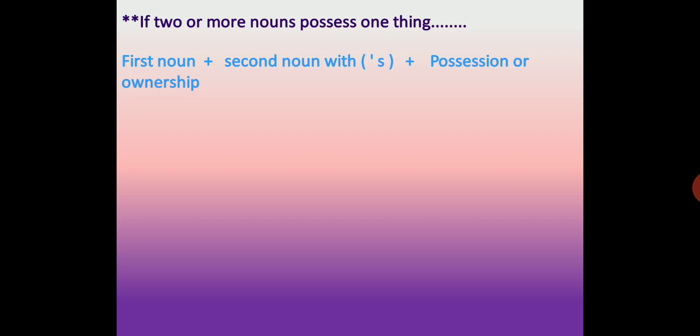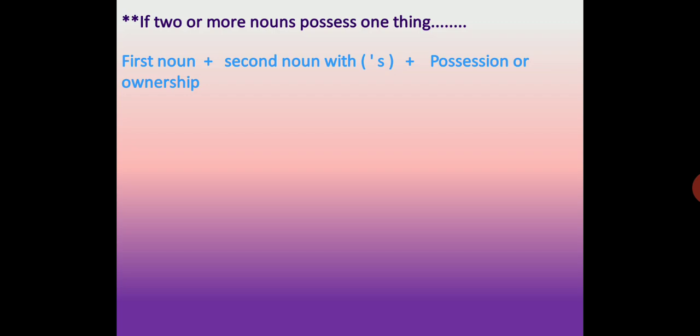How can we write in a possession form? So we write first Sita and Mita. Then we add apostrophe s with Mita because it is the second noun of the sentence. So the answer will be Sita and Mita's society is very big.